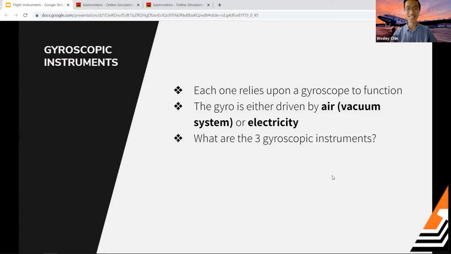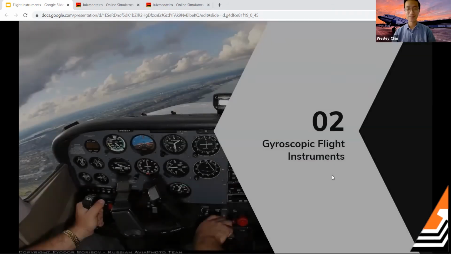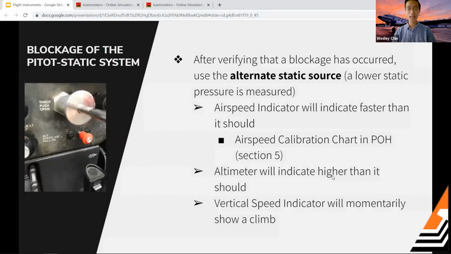All right, what's up, Andrew? Why is it not on the regular checklist? That seems like something that you would want to check. Which one? The alternate static. That's a good question. Do you mean the regular checklist? I mean the placard, the plastic laminated one. That one doesn't tell you. Okay.